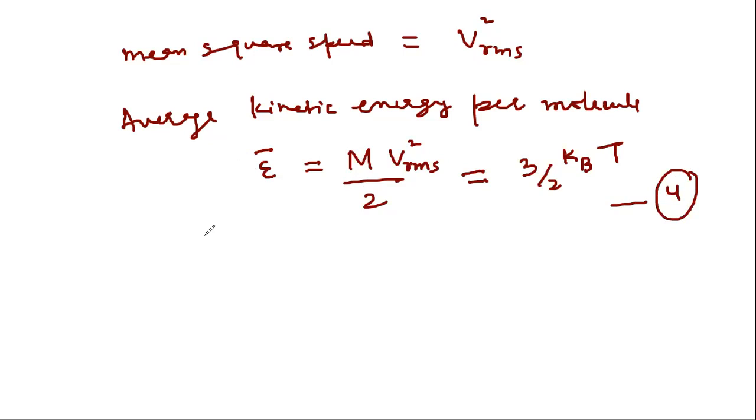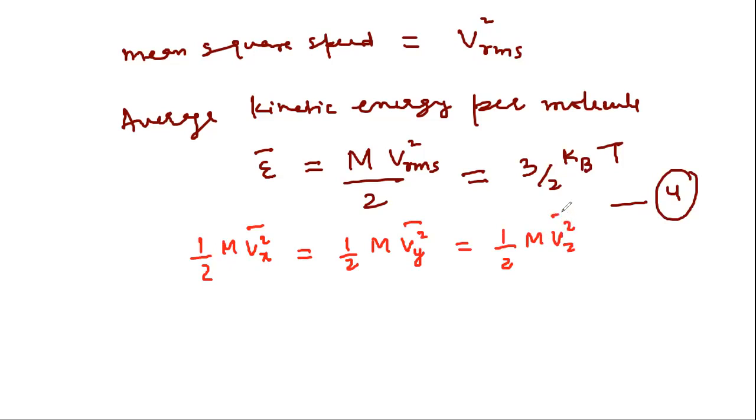That means half m Vx square average is the same as half m Vy square average, is the same as half m Vz square average. Think about this.